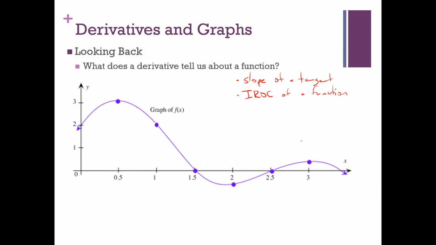So I've got a graph of a function here. Can I say anything about the derivative, at any particular point or interval, or what might the derivative tell us about this graph, or what would be true about the derivative?